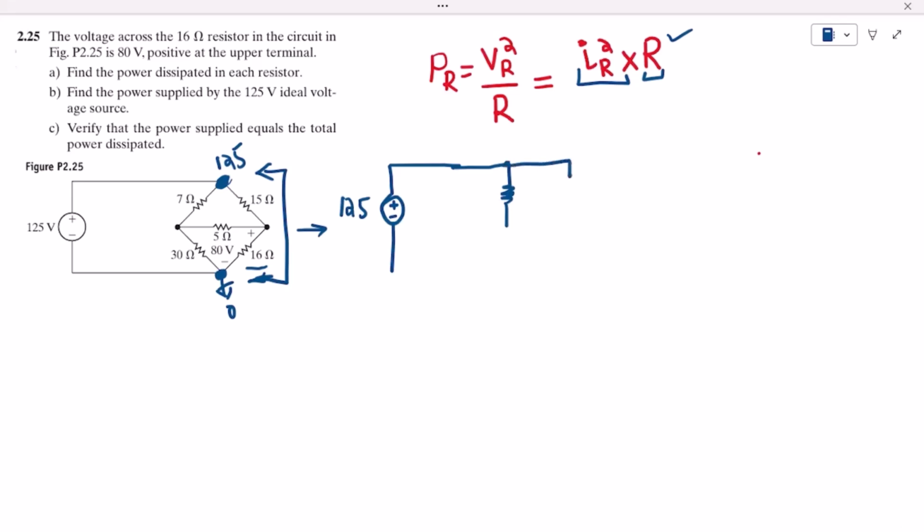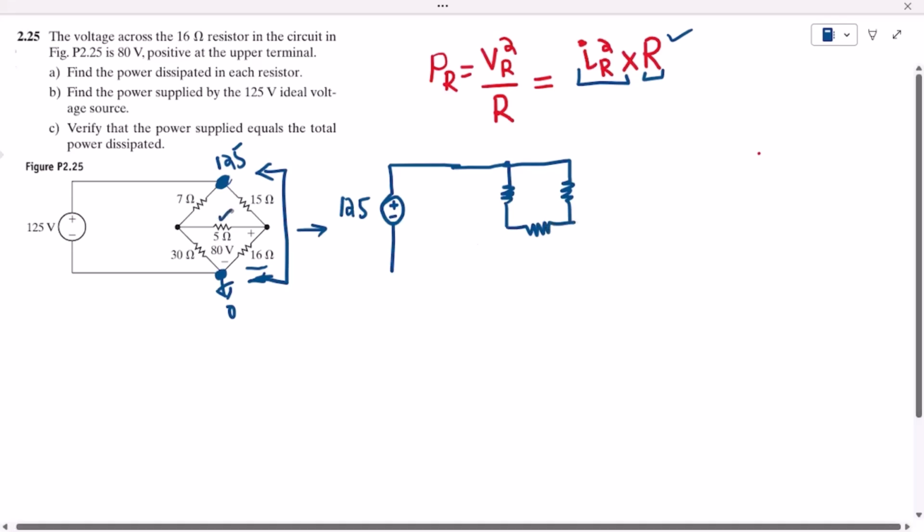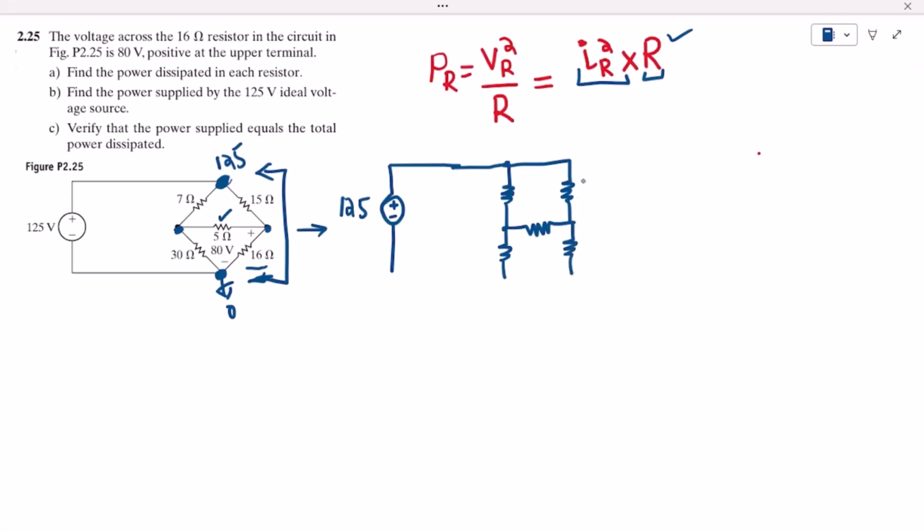Okay, the second one which is shorted here, this one is here, and the resistance which is here is connected here. Similarly, with this point we have this resistor as well, this is the 30 ohm resistor. Okay, with this point we have the 16 ohm. Let me write their values as well.